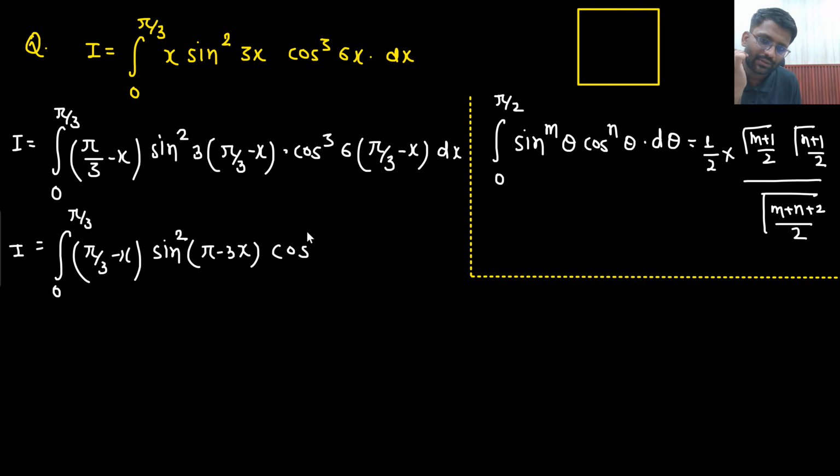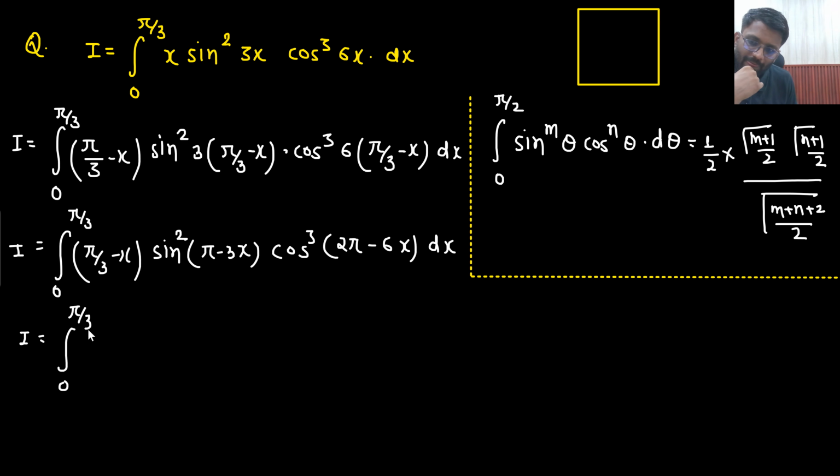Then cos cube 2 pi minus 6x dot dx, right? This will lie in the second quadrant, it will be positive. This will lie in the fourth quadrant, it will also be positive. So all are positive. So eventually what you are getting, 0 to pi by 3, pi by 3 minus x sine square 3x cos cube 6x dot dx.